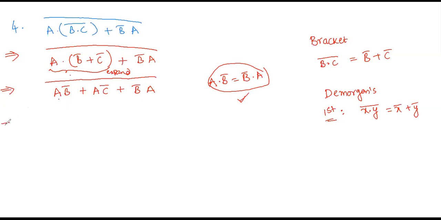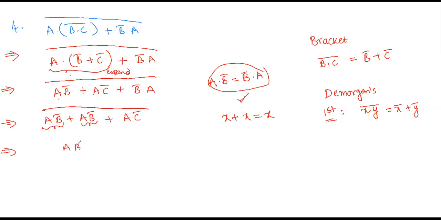So we have AB bar plus AB bar plus AC bar, total bar. AB bar is one variable, so x plus x is equal to x only. So here you have to write AB bar plus AC bar whole bar.